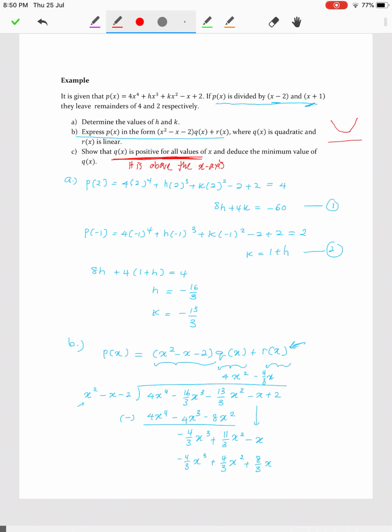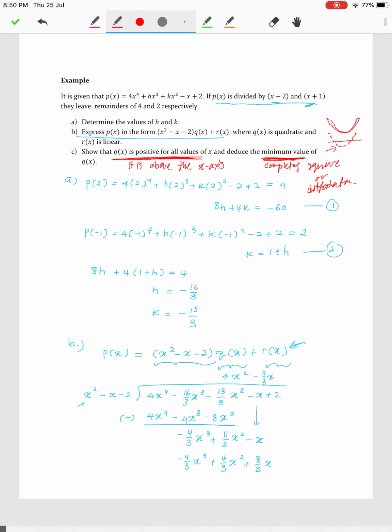If you have crossed the x-axis, there's a region here which is negative, so all positive means it must be above the x-axis. And deduce the minimum value. To deduce the minimum value, there are two ways: you can use completing the square, or differentiation.